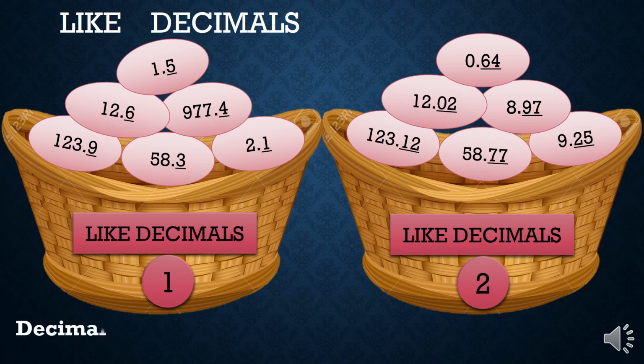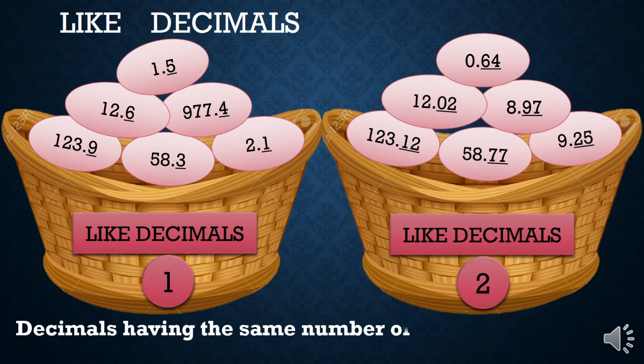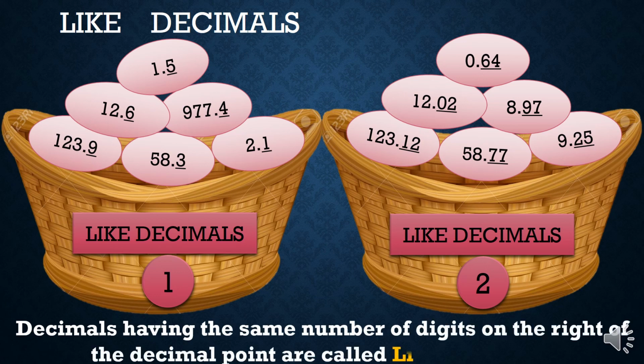That is, decimals having the same number of digits on the right of the decimal point are known as like decimals. So we can say that 123.9, 58.3, 2.1, 12.6, 977.4 and 1.5 are the examples of like decimals. Similarly, the decimal numbers in basket 2 are also the examples of like decimals.